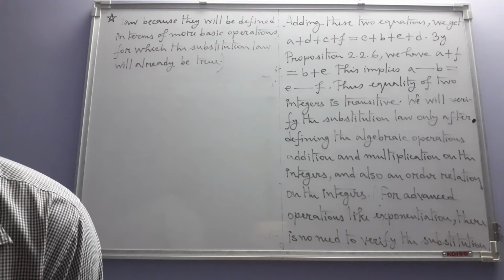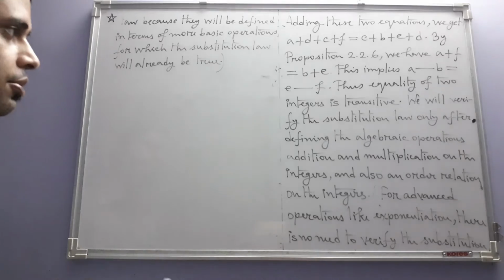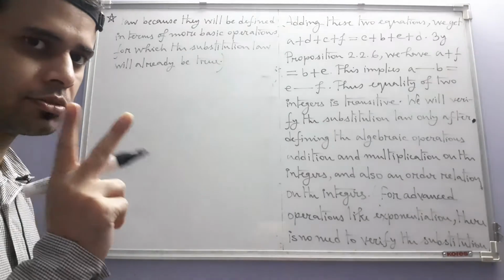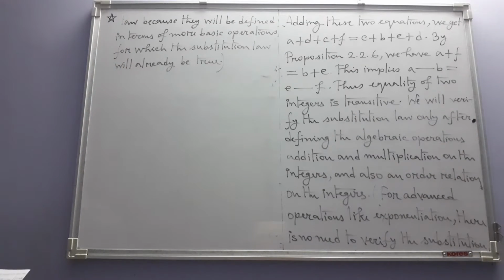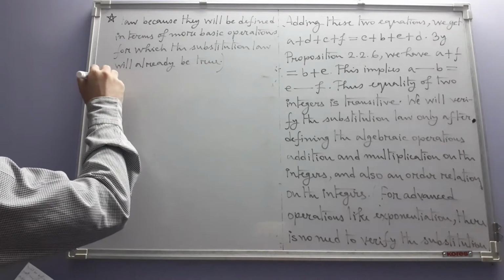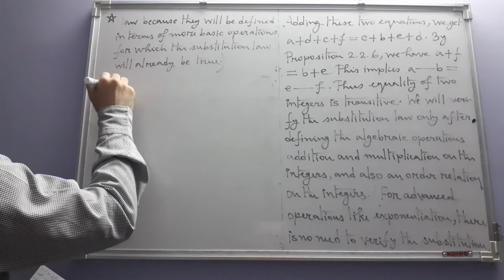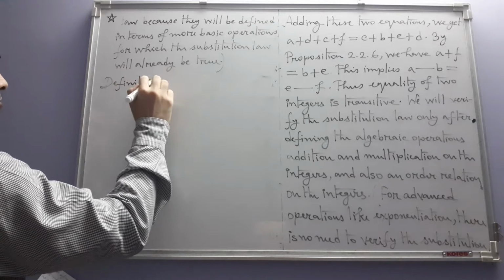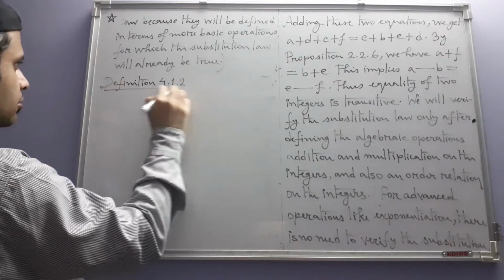So now we have come to the stage where we can define the first two basic operations of addition and multiplication. So this is definition 4.1.2.